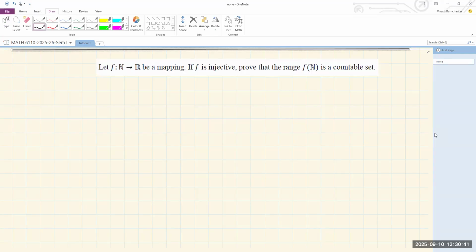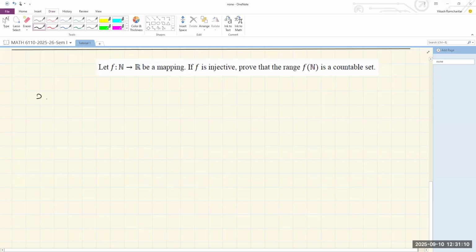Okay, so this next question goes as follows. Let f be some function from the set of natural numbers into R. If f is injective, we need to prove that the range, which is given by f of N, is a countable set.